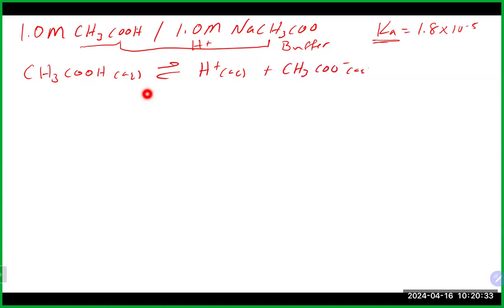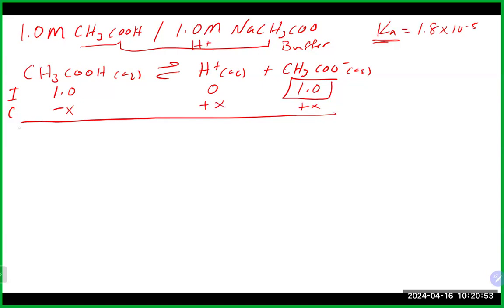You want to make sure that you're careful on the initial, because we do have 1 molar here, and it is vitally important for the calculation that you also put the 1 molar there. If you do not do it on that side, you're really not doing the buffer problem. The rest of the table would be like normal.